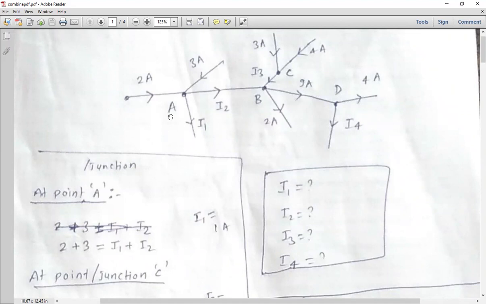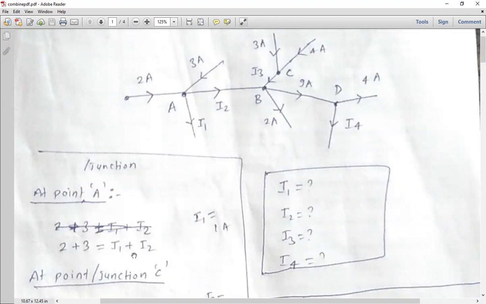At junction A, current 2 ampere is flowing toward the junction, and current 3 ampere is flowing toward the junction. So the sum of currents flowing toward the junction, 2 plus 3, is equal to the sum of currents flowing away from the junction. Currents I1 and I2 are flowing away from junction A. So 2 plus 3 is equal to I1 plus I2.